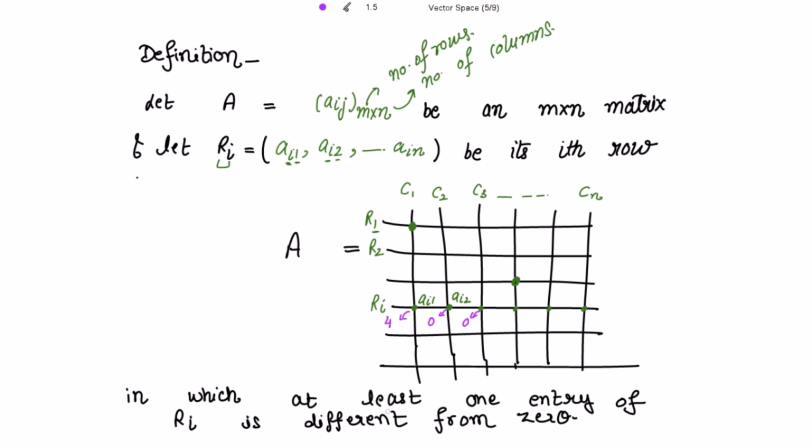So at least one entry that is different from 0. Not necessarily all the elements are 0. This element can be 7. This element can be again 0. This element can be 4. So they are saying at least one entry of Ri is different from 0.